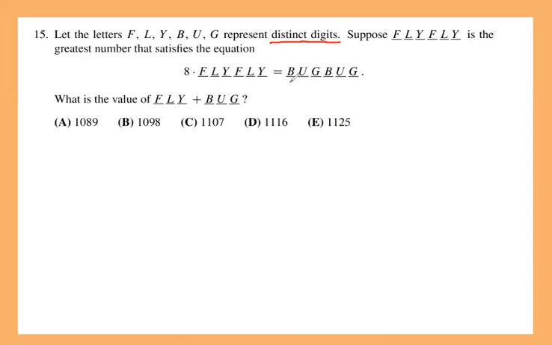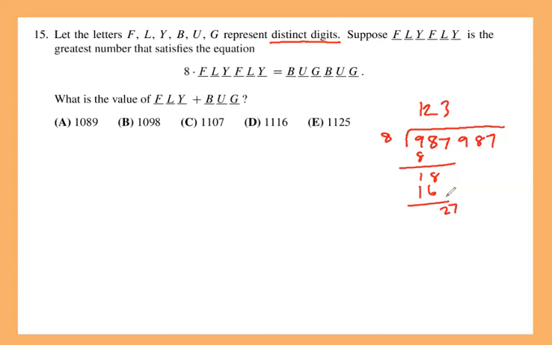So what I mean by that, let's think about the worst case scenario. If I choose 9, 8, and 7, this is the largest number I can choose for the result. If I divide this by 8, let's see what's going to happen. That's 1, then 8, 18, 2, 16, 2, 7, so it looks like 3.